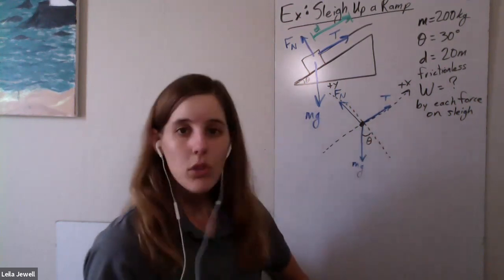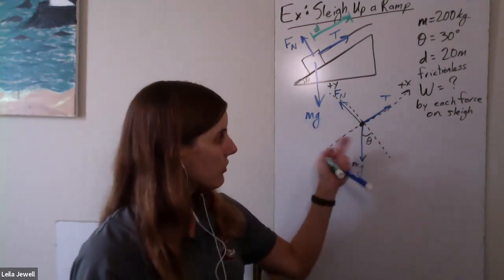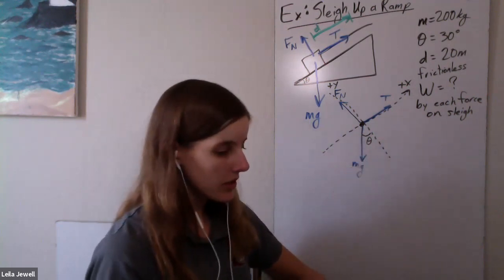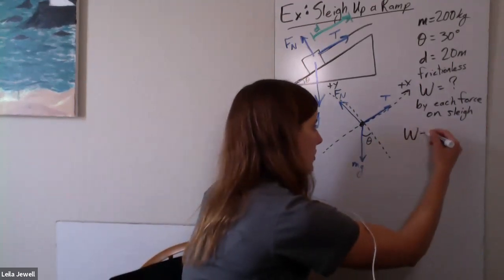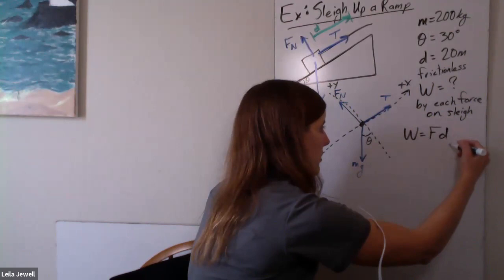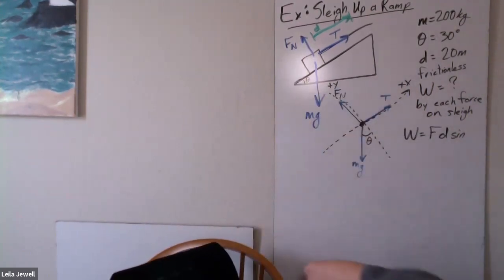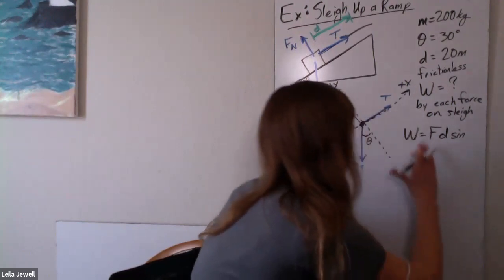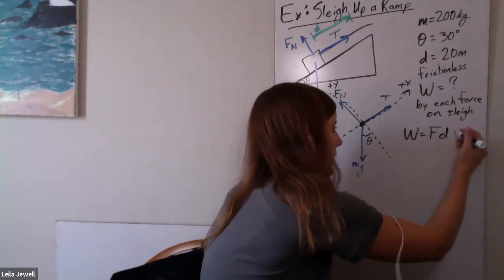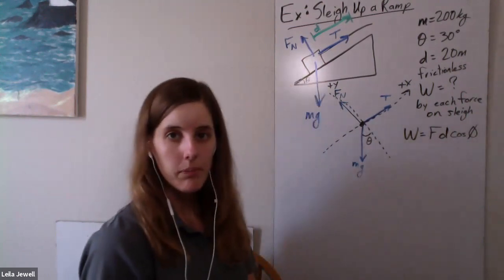Let's think about what tools we have to calculate work. Well, if each of these forces are constant, we know that we can calculate the work with the force times the displacement times the cosine, excuse me, got a little too excited there. It's the dot product, cosine of the angle between.